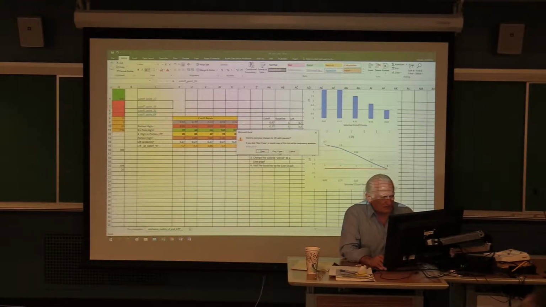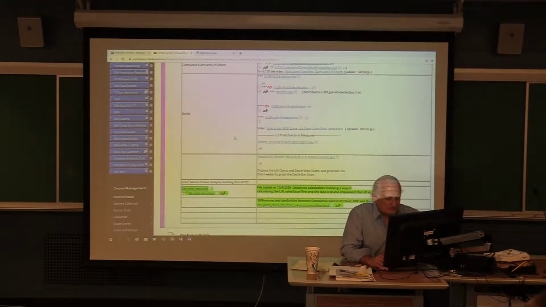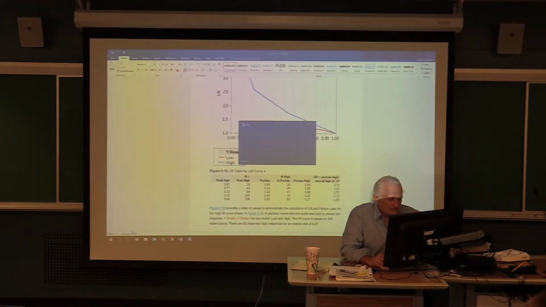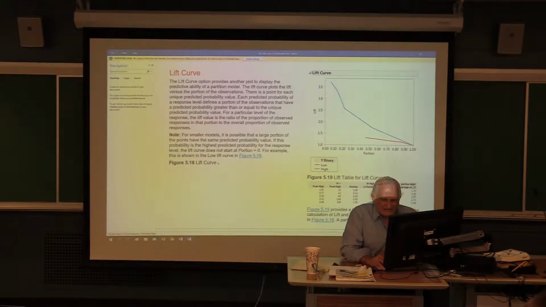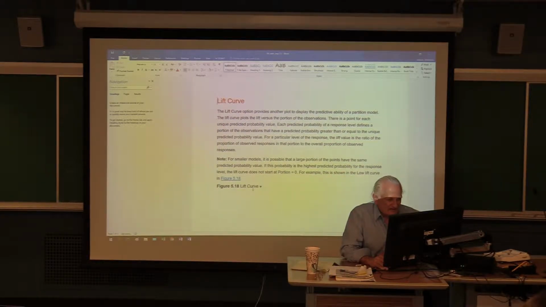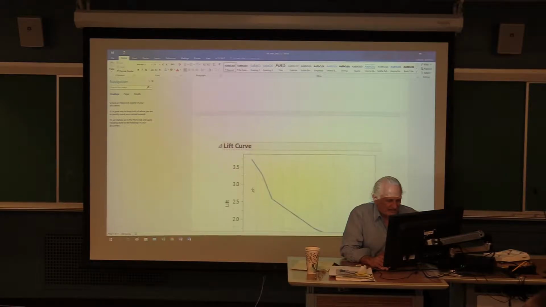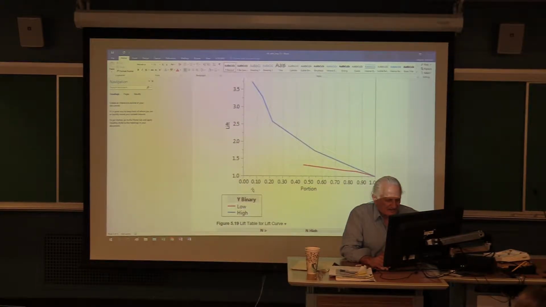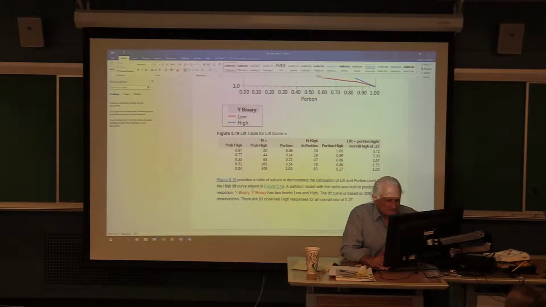I just wanted to expose you to a slightly different interpretation of the lift, and this comes from an example that I took and modified from the official JMP 14.2 documentation.